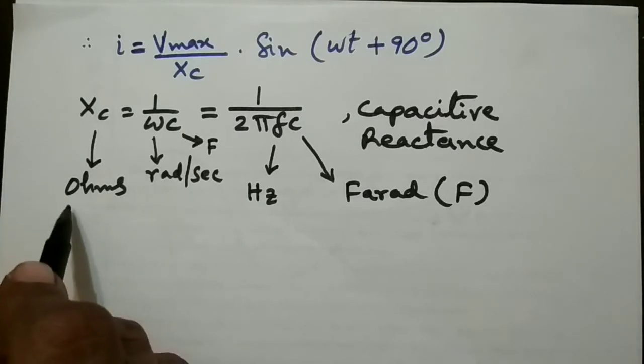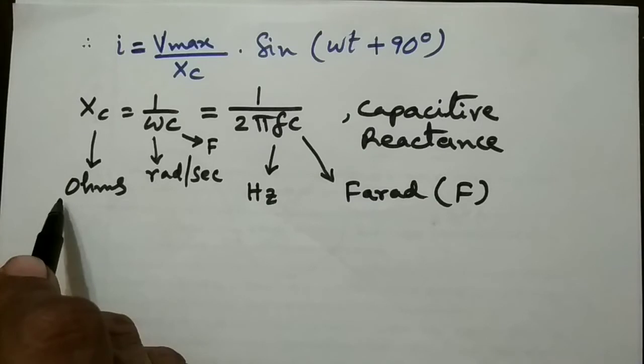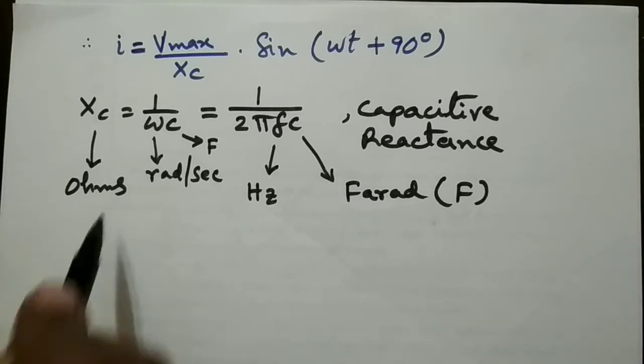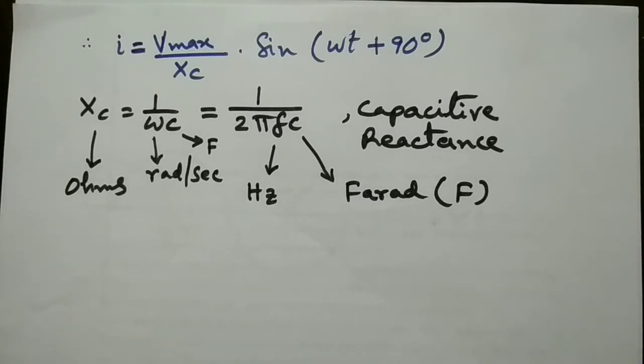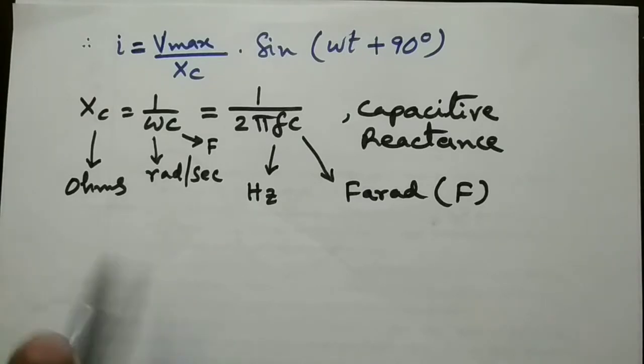As we see, the unit of Xc is also ohms, which is the unit of resistance also. That means the capacitive reactance also opposes the flow of current.